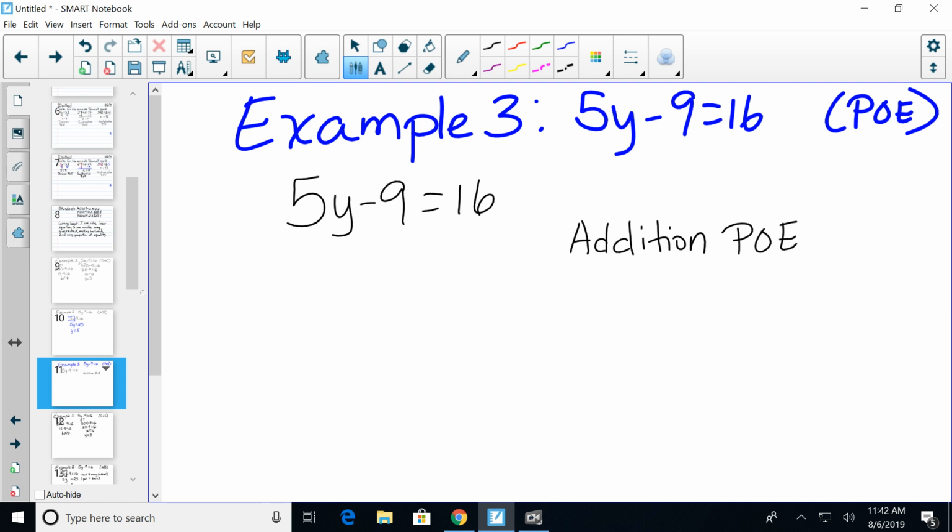The negative sign. The minus sign. All right, so the addition property of equality says I have to add the same constant to both sides.